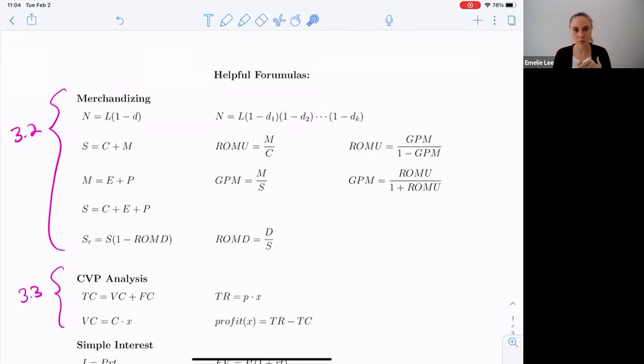And so we understand that concept, and so now all we're doing is we're shifting that terminology into mathematical equations like we have here on our formula sheet.